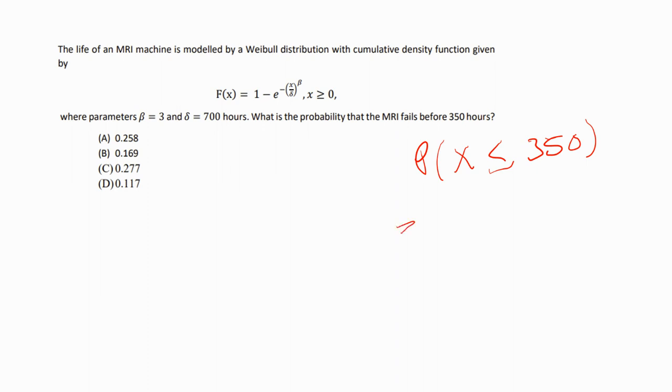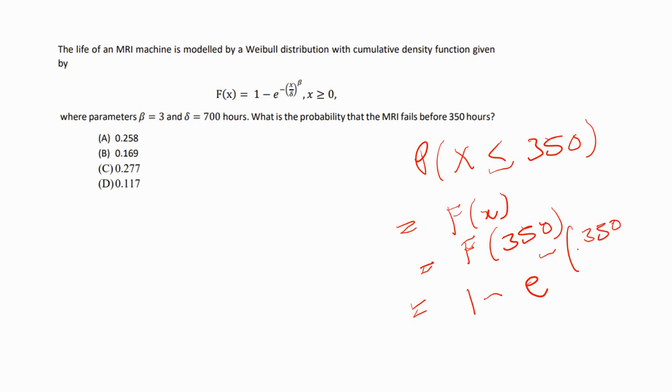So probability x less than or equal to 350 is what? It is F(x). So it is simply F(350). Now you have every value given. It is 1 minus e to the power minus (x is 350, delta is 700, beta given here is 3).